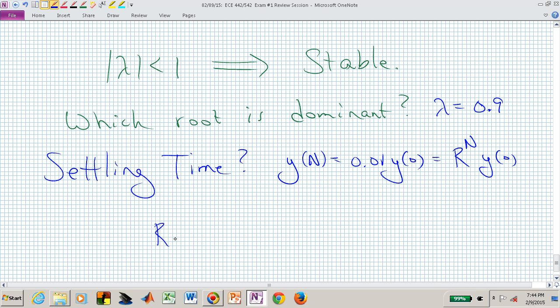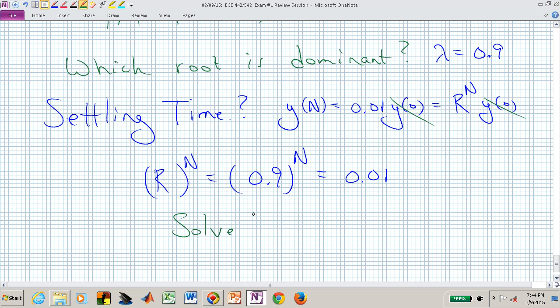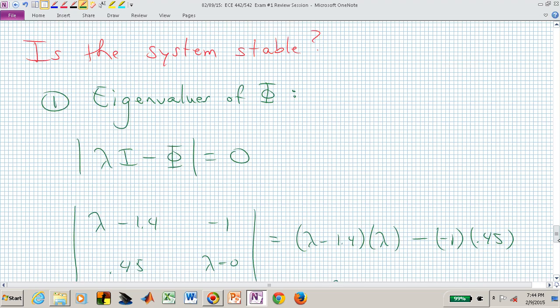R is now that 0.9, and you can solve that for capital N. And N would tell you the number of sample periods to get you within 1% of where you started. That was one way of assessing stability.